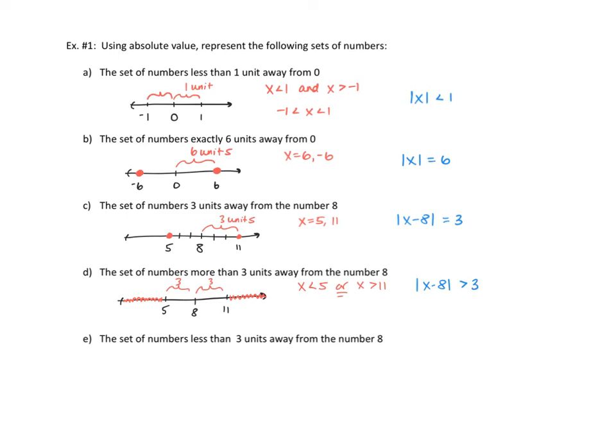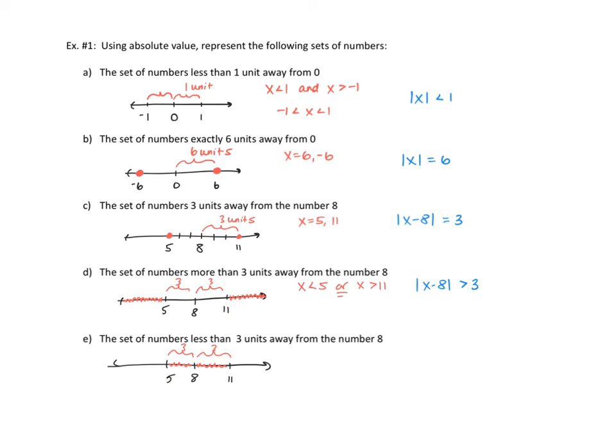One last one, if we switch to less than instead of more than, we can draw our same picture with 5, 8, and 11. But this time when we're thinking about that 3 units on either side, we want to be less than that. So we need to be inside of 11 and inside of 5. So now notice that our shading is all stuck in between the 5 and the 11.